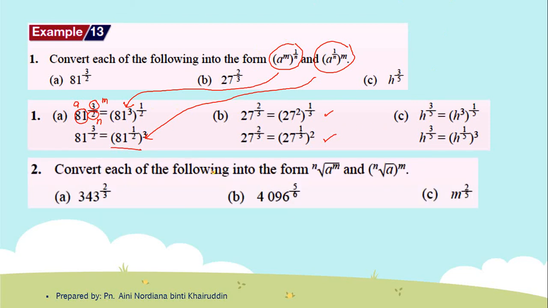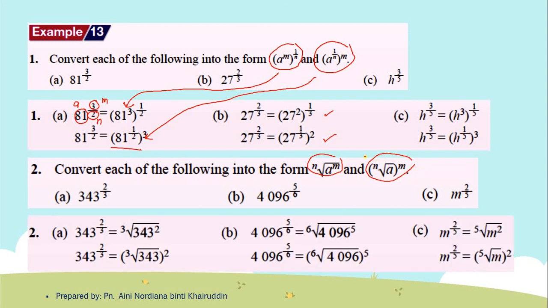So convert each of the following in the form of, so this question asks you to convert in the form of this and this. I will show you the first example. So this is the question, 343 to the power of 2 over 3. So this is M, this is N, and this is the A or base.